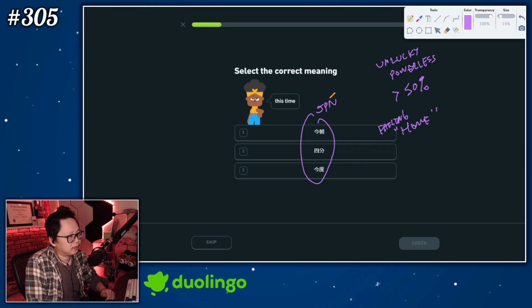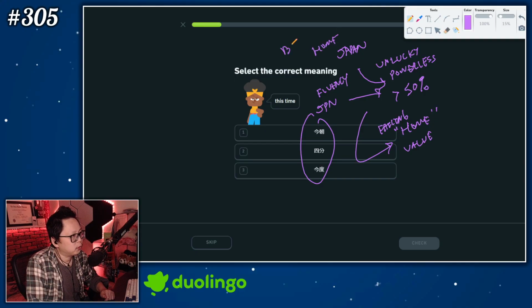The value of their Japanese fluency ends up consuming more than 50% of the value of their home, to the point where they believe Japan is their home before it becomes their home.